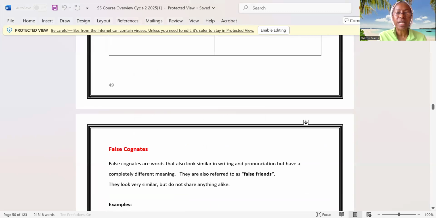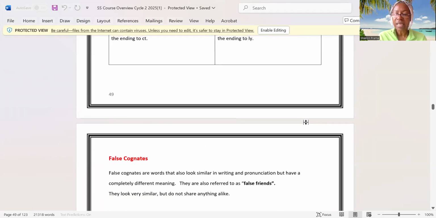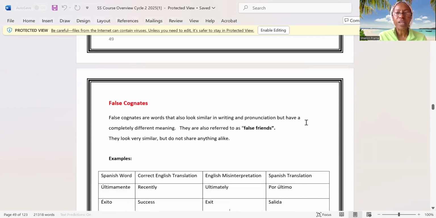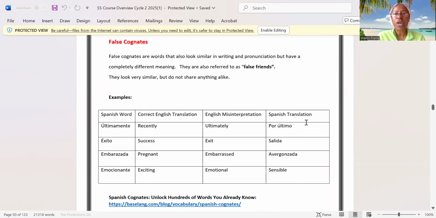The last one we did not get to talk about in class to any great extent, and those are the false cognates. In your book, you can review them. False cognates are words that also look similar in writing and pronunciation, but they have a completely different meaning. And we talked about a few examples of false cognates, but I just felt a need to review them with you.